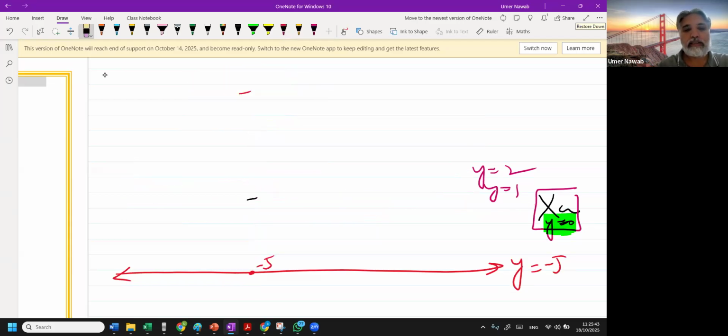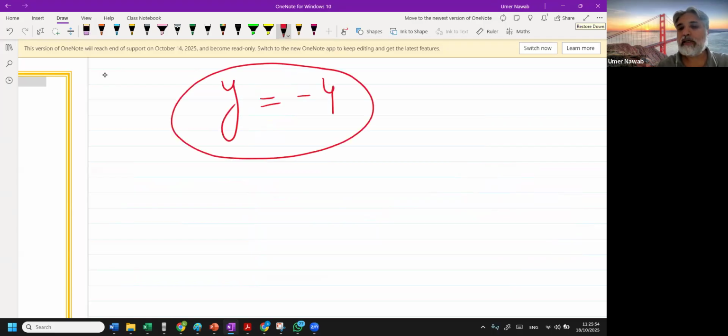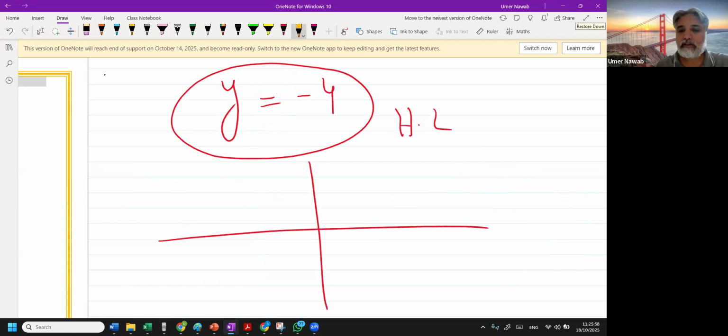All horizontal lines have equations y is equal to some number. Suppose I want to sketch y is equal to -4. This is a horizontal line. I draw the x-axis and y-axis. I just need to show this is -1, -2, -3, -4. This is -4, so draw the horizontal line. This is y is equal to -4. I hope it is clear to you.